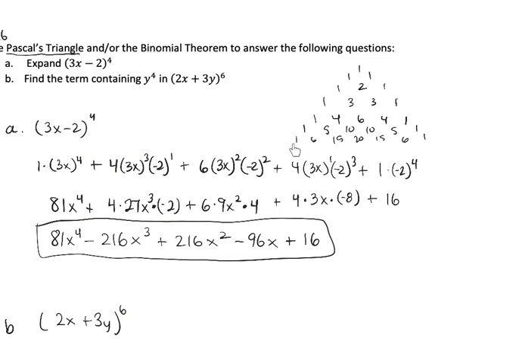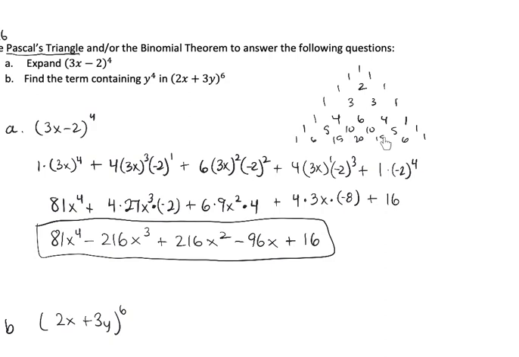So if you start at the very beginning, this term contains an x to the 6th and a y to the 0. The next term is going to contain an x to the 5th and a y to the 1. This is going to contain x to the 4th and a y squared. This is going to contain x to the 3rd, y to the 3rd. This one's going to have x squared and y to the 4th.